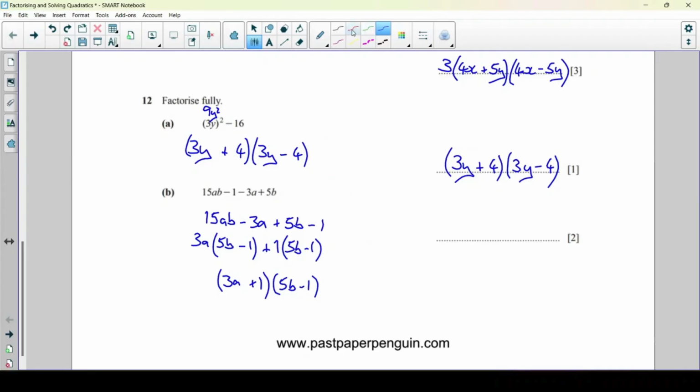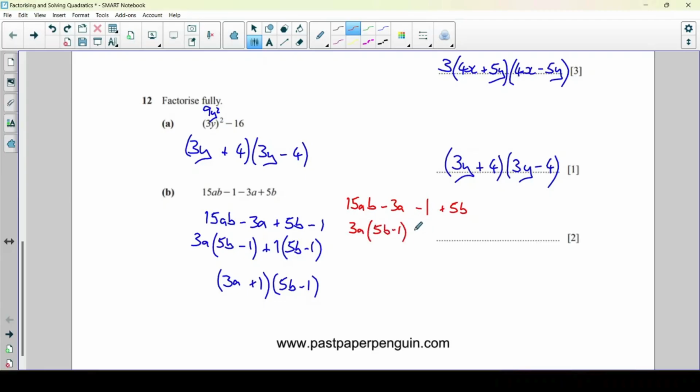You might be thinking, well, how did you know to put that minus 1 at the end? To be honest, it's because I could already see this pattern developing. But if you put it in the wrong place, it wouldn't really matter. Okay, if I'd have put the minus 3a here and then minus 1 and then plus 5b, the first thing would have factorised just the same.